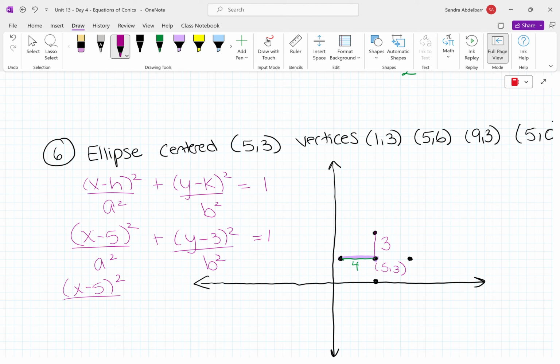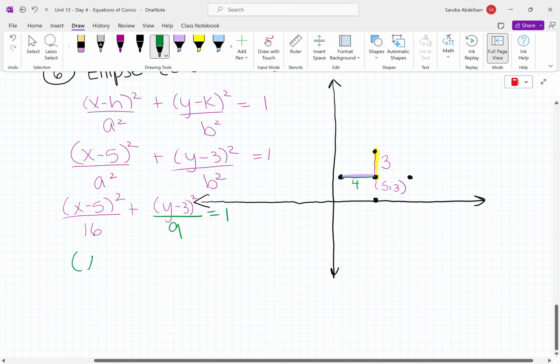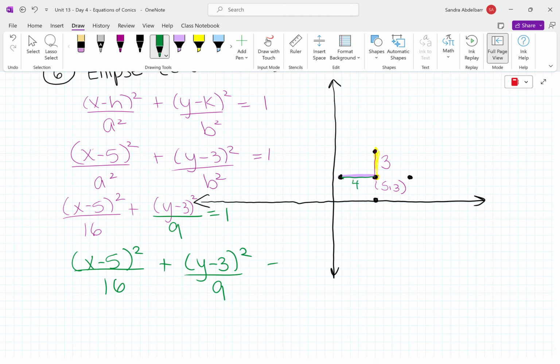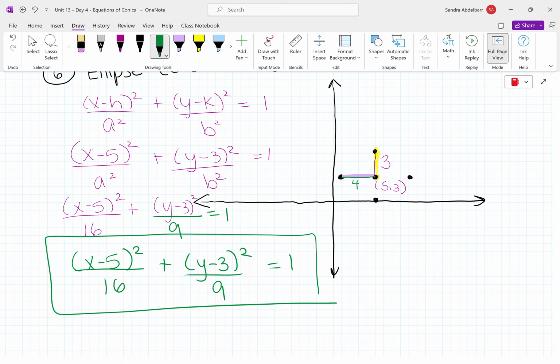So my a is going to be the distance from the center to one vertex, which is 4. So here we're going to have x minus 5 squared over 16. And then my b will be the distance from my center to a vertex on the minor axis. So that's 3 units, which makes this over 9 equals 1. I'll rewrite this.